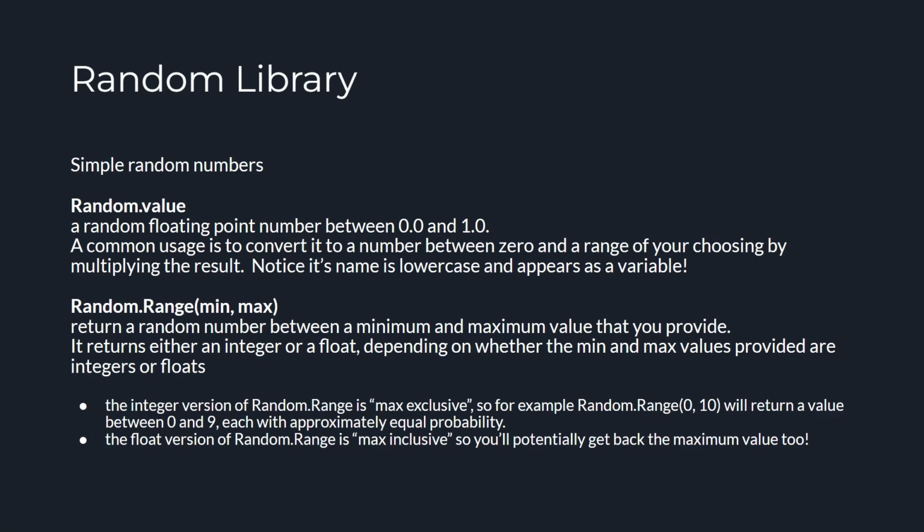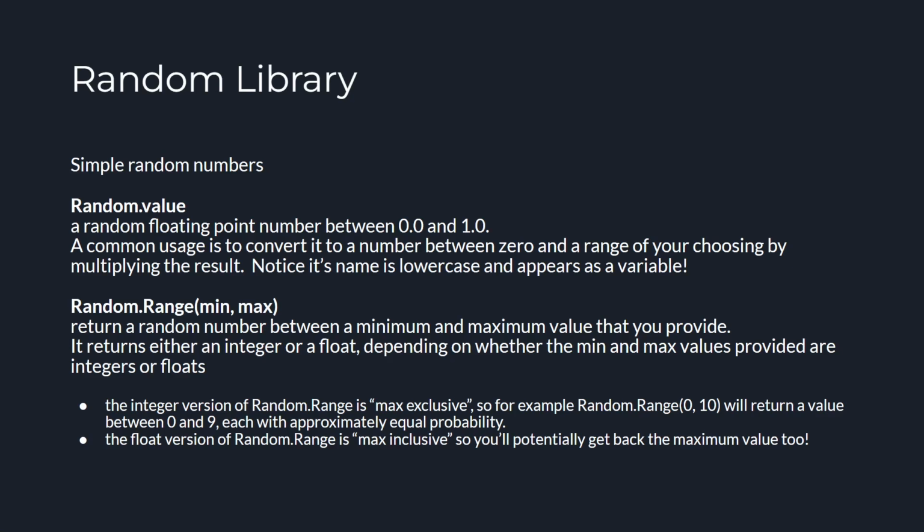Actually uses a slightly different version of random.range, but passes back a random floating point number. Okay? So it's an overloaded function, meaning it has implementations that are specific to the parameters that are being passed to it, right?